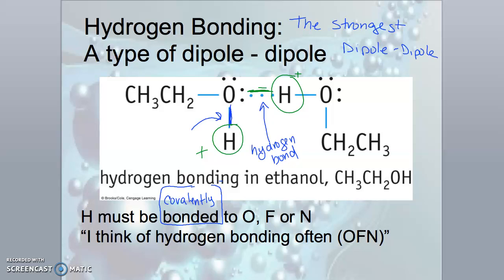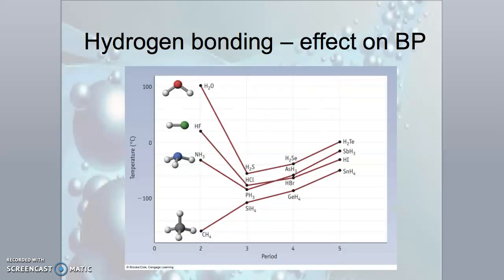So one of the parts of confusion here is some people will think that the covalent bond is the hydrogen bond, and it's not. You can see I wrote in here where the hydrogen bond is. That's the dotted line between the hydrogen that's covalently bonded to an oxygen, and then it has this intermolecular force to a neighboring oxygen.